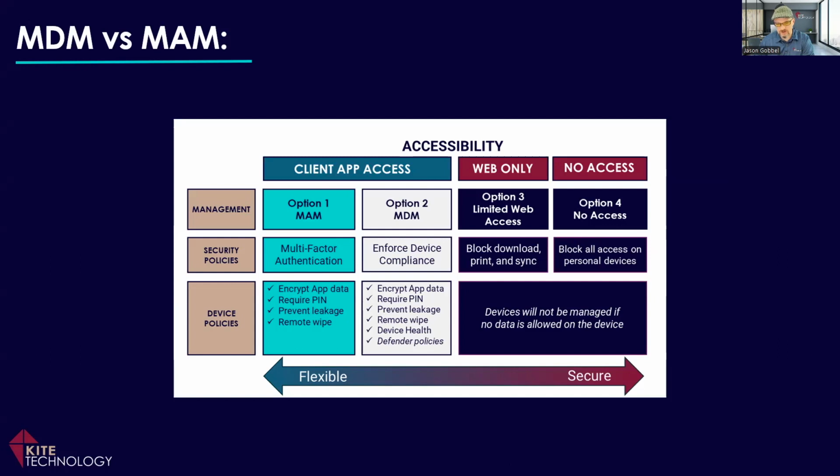You can go to portal.office.com and maybe check your email, but that's it. We're still eliminating devices from the equation altogether. So when we've made the decision to allow access, we're going to go with one of the two options, MDM or MAM.